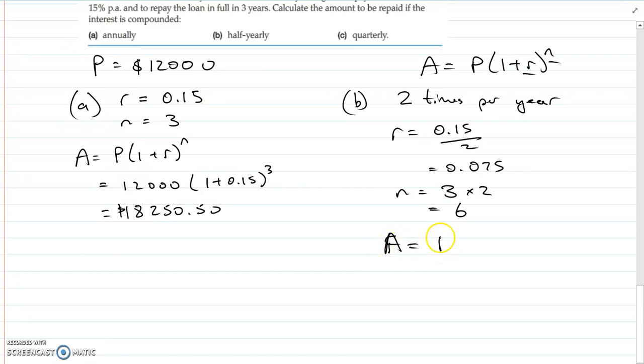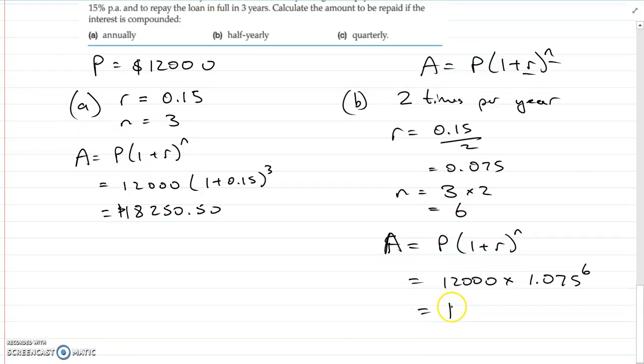A equals P times 1 plus R to the N, so that is 12,000 times 1.075 to the power of 6, which equals 18,519.62.